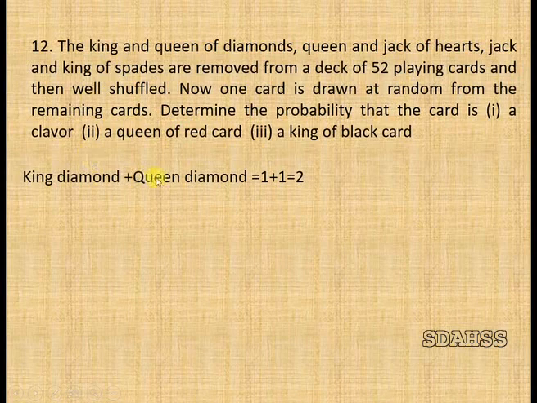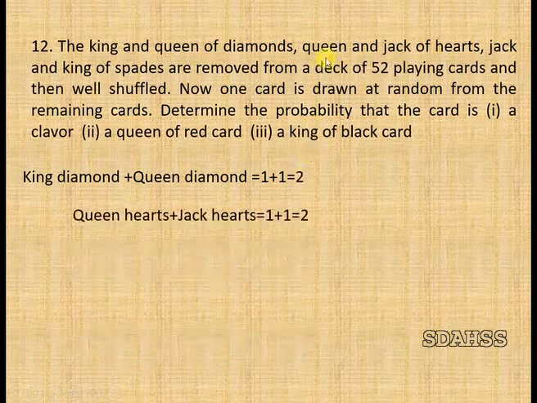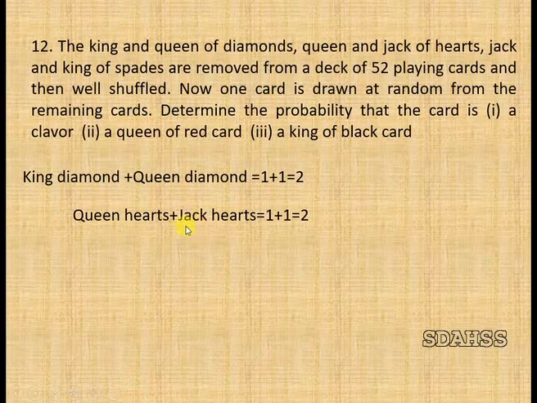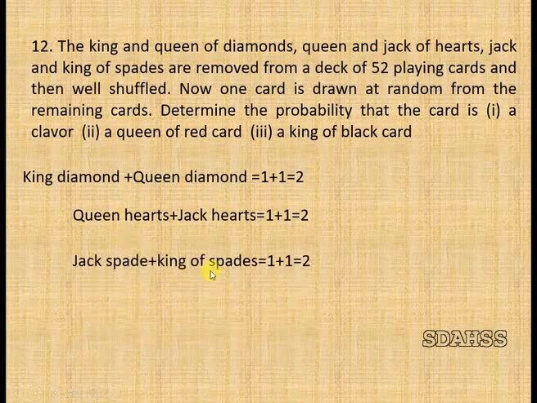King of diamonds is 1 and queen of diamonds is 1, so 1 plus 1, 2. Queen and jack of hearts. Queen of hearts is 1 and jack of hearts is 1, so 1 plus 1, 2. Jack and king of spades. Jack of spades is 1, king of spades is 1, so 1 plus 1, 2.